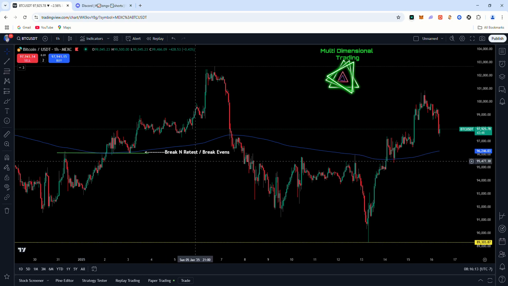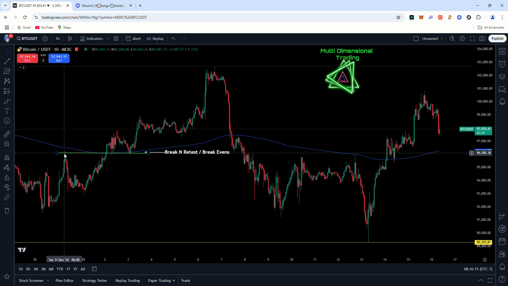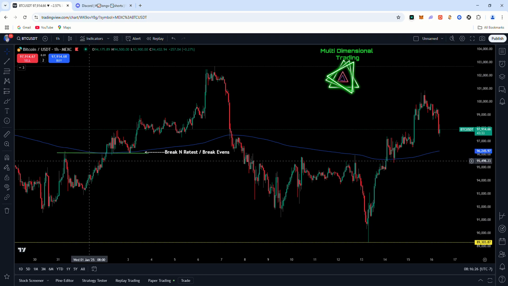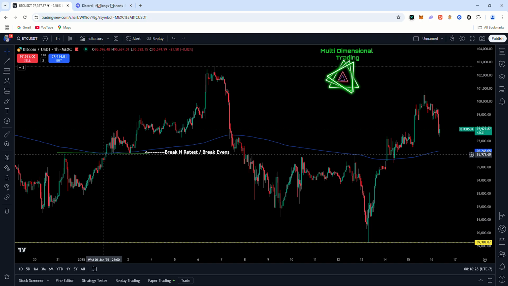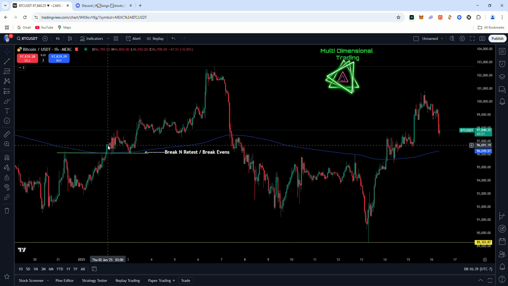The way I explain break evens is like this. If everyone did go short at this high and wanted to sell contracts because they had a bearish thesis in their mind, they all went short there. Some people are not going to put stops. A lot of us are not going to put losses on. I'm definitely guilty of not putting a stop loss on and letting it run, right?